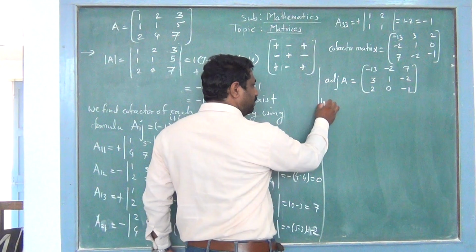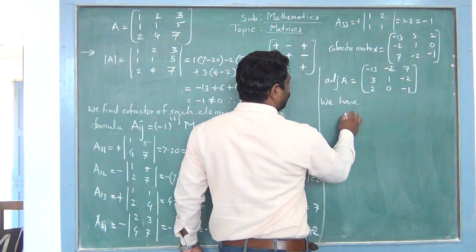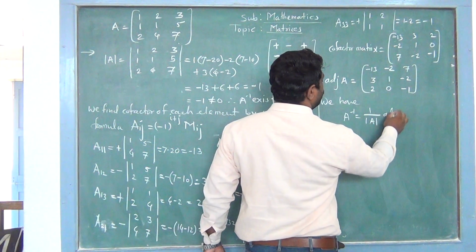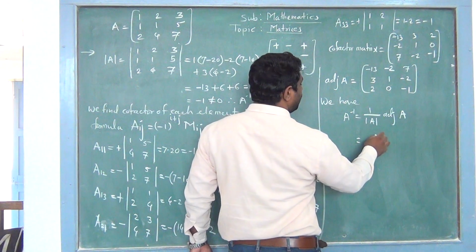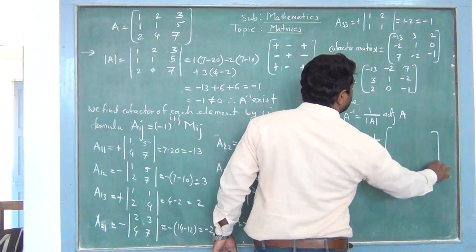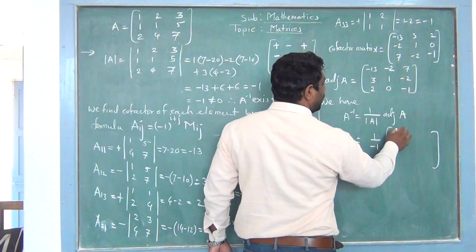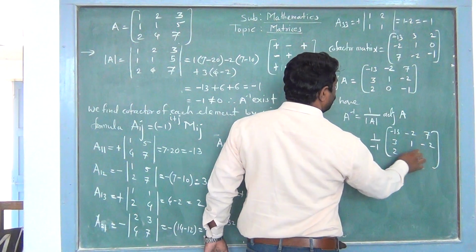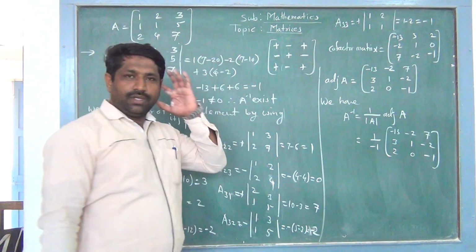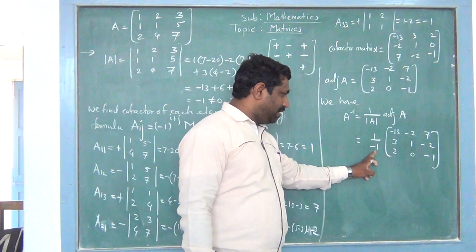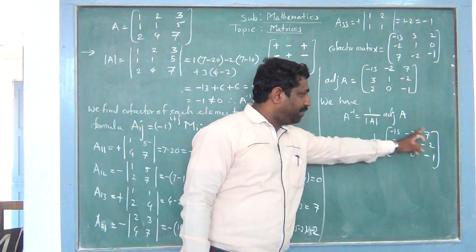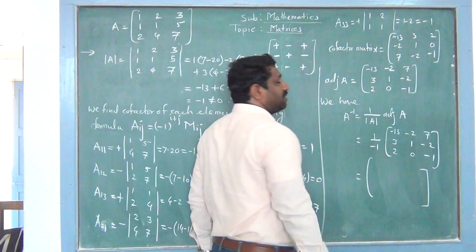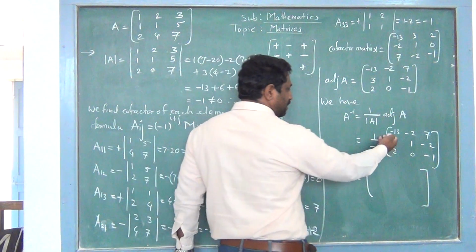Now we have the formula: A inverse is equal to 1 upon determinant of A into adjoint of A. 1 upon determinant of A is 1 upon -1, into adjoint of A. So we multiply each element of this matrix by -1, which only changes the sign of each element.